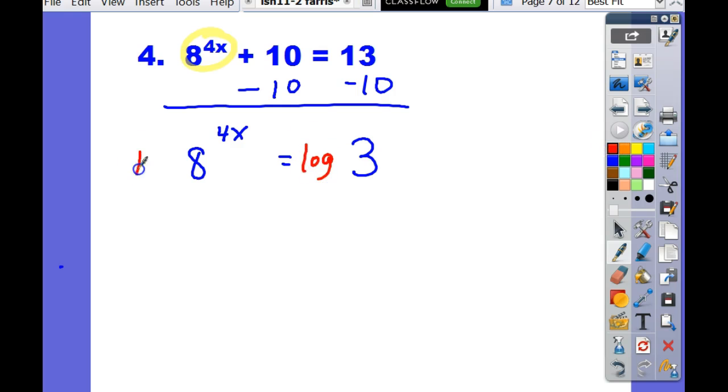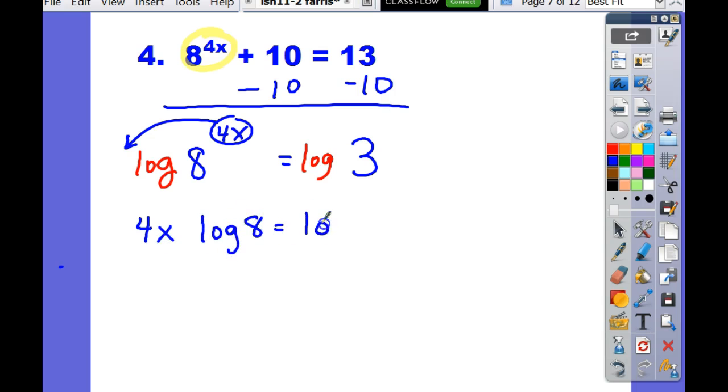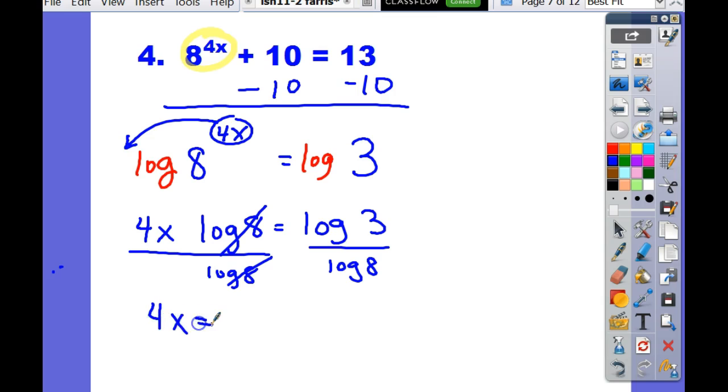Then we're going to take the log of both sides. The reason you take the log is to bring the exponent out in front using the power rule. I am solving for the x. So I am going to cancel out the log of 8.